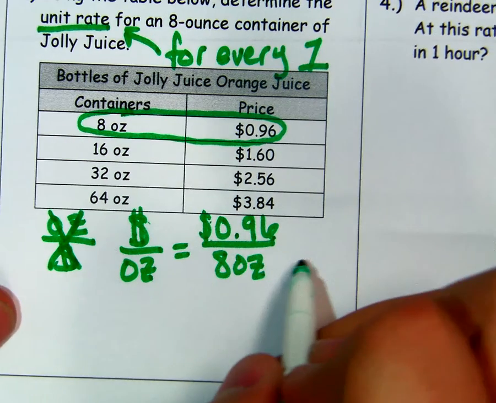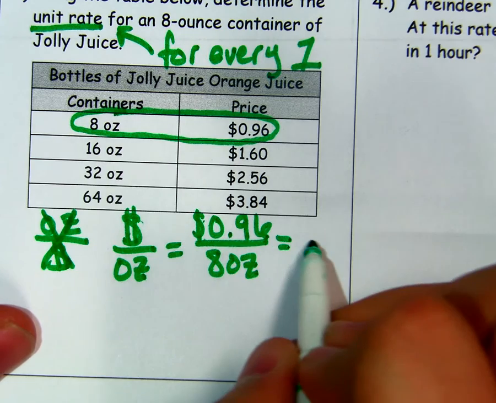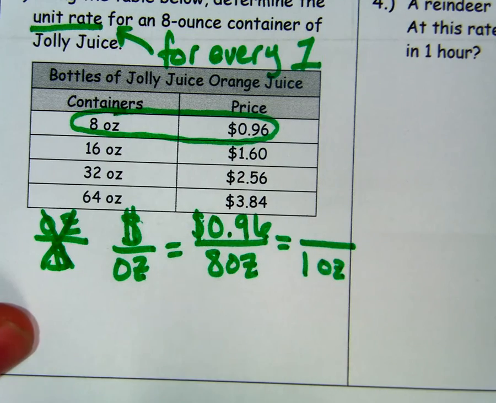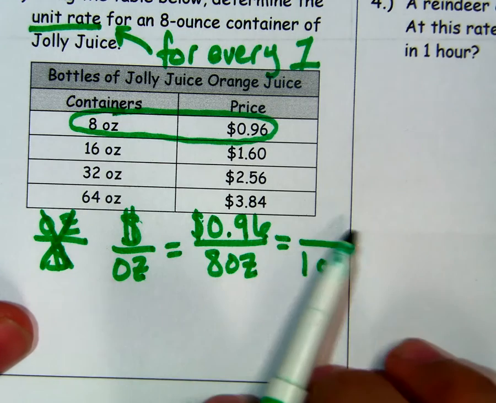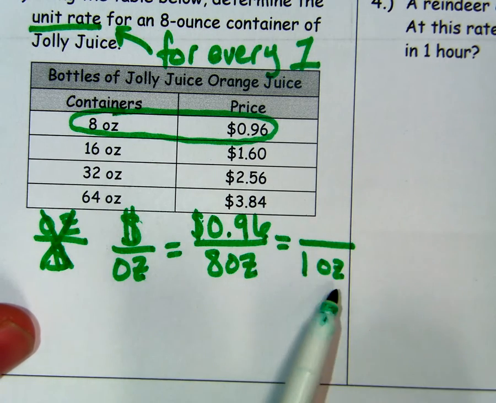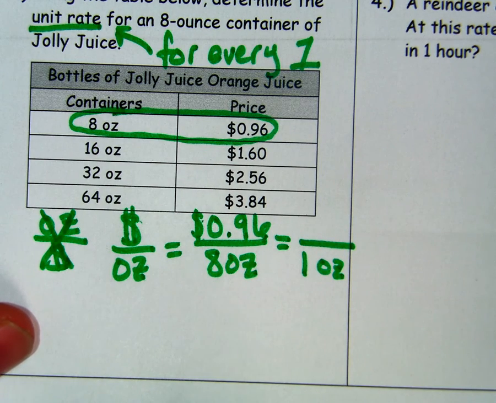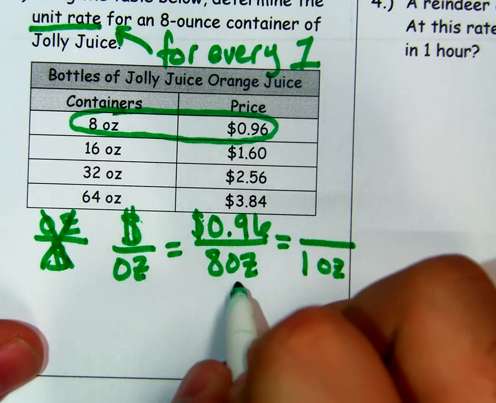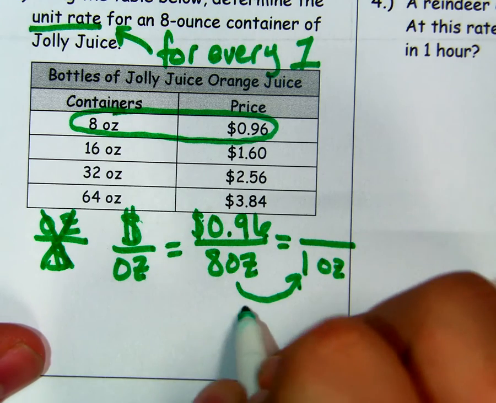But what I want to try to do is get all the way down to 1 ounce, since we need to figure out how much money it costs for 1 ounce of juice here. Now, the easiest way to get your unit rate when you're looking at problems like this is to go ahead and divide by whatever is in your denominator there.